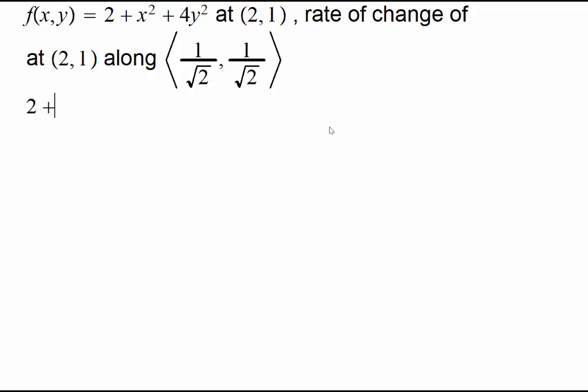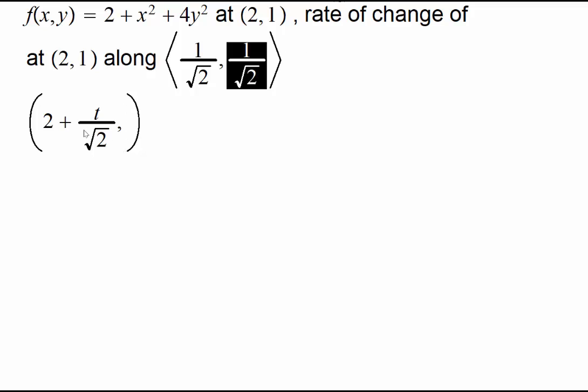Then x will change by t times 1 over square root of 2, or simply t over square root of 2, right? And the y coordinate will change from 1 by the same quantity, because this happens to be the same quantity; it will not always be that.